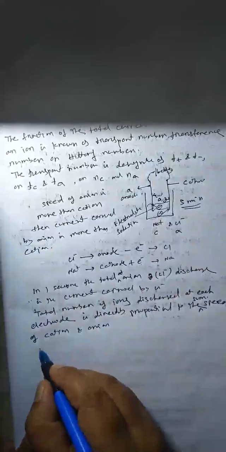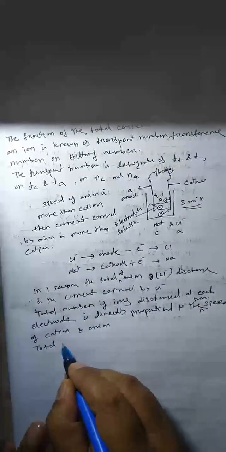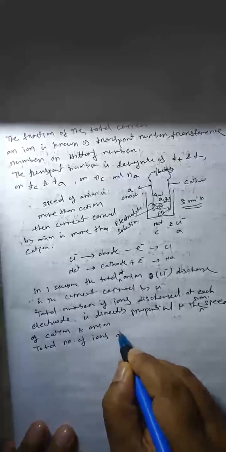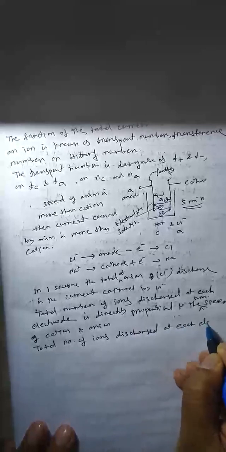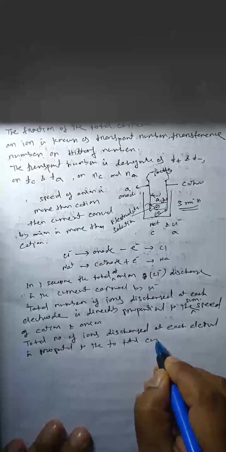According to Faraday's first law of electrolysis, the total number of ions discharged at each electrode is proportional to the total current passed through the electrolytic solution.